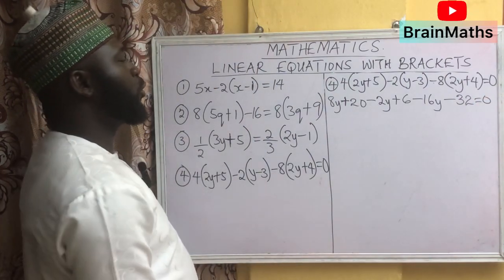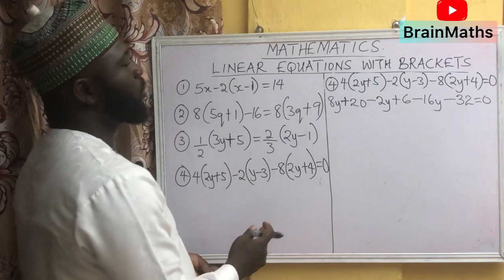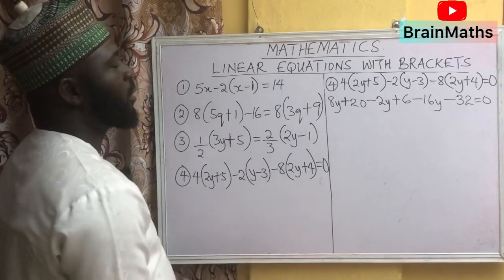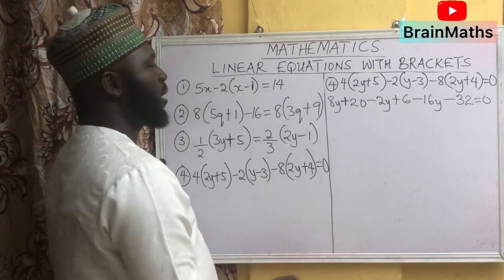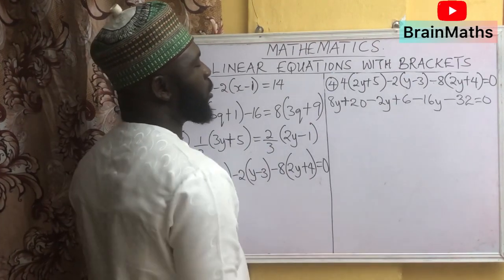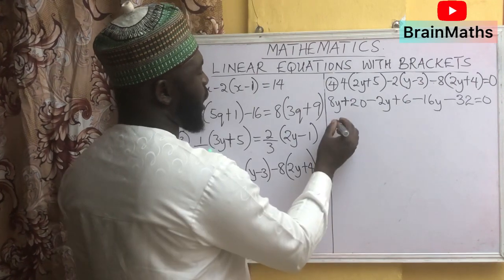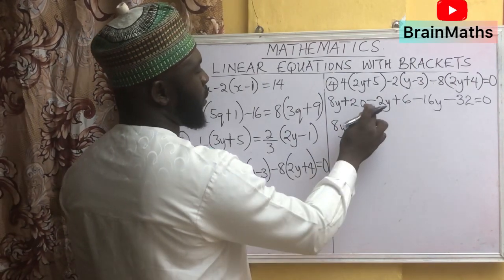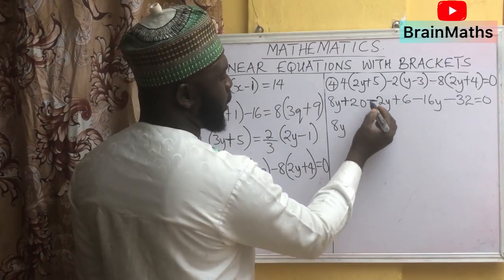So what we are doing next is to collect y on one side and the constants on the other side. So let's retain y on the left hand side and take all the constants outside. So we have 8y. The sign in front of each one of them belongs to them.